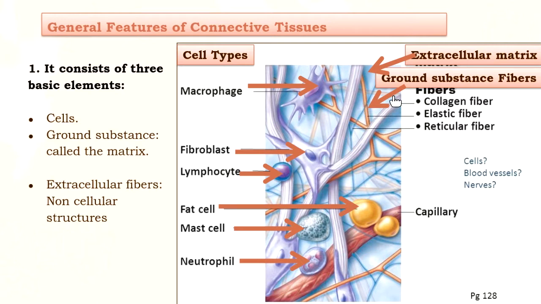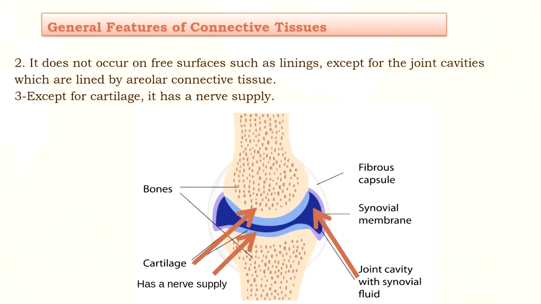And the third component is the fibers, extracellular fibers. They are collagen fiber, elastic fibers, and reticular fibers. That means in the connective tissue, basically we have three components: the cells, the ground substance, and the fibers. Is it clear? Now we'll go into detail of each later on.